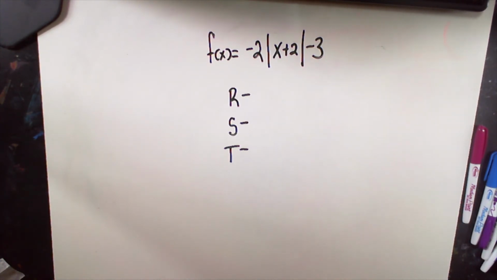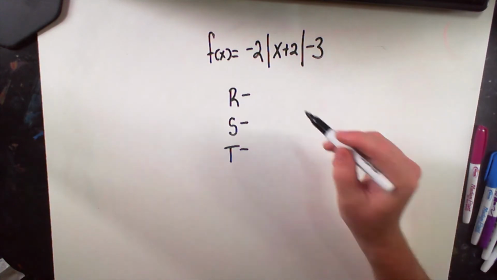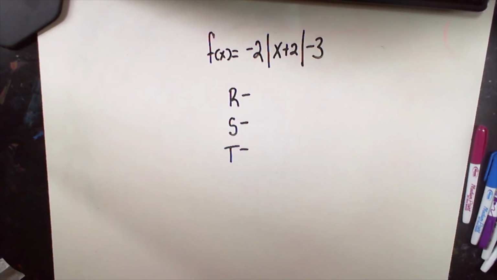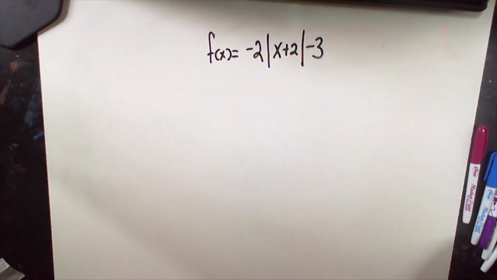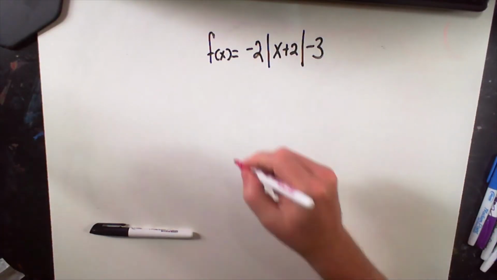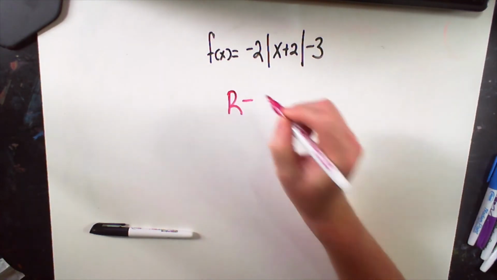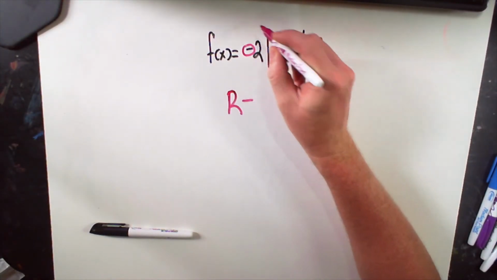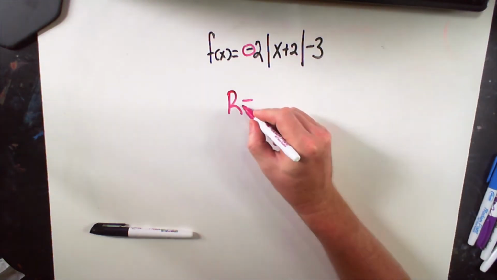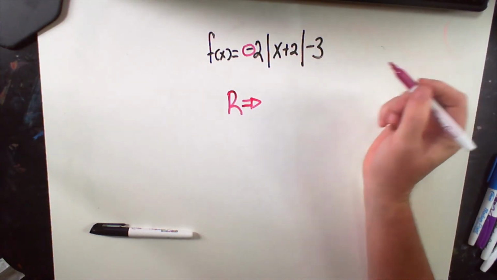So the first thing, has it been reflected in any way? Let's color code this because I love color coding. So R, we are looking for reflection. This -2 right here on the outside shows us the reflection that we've got.